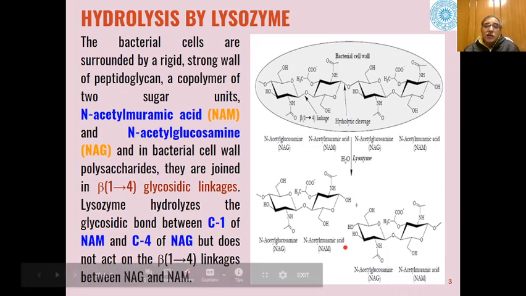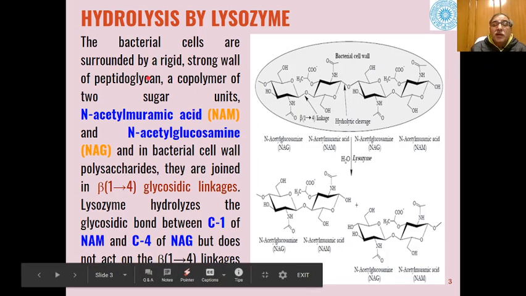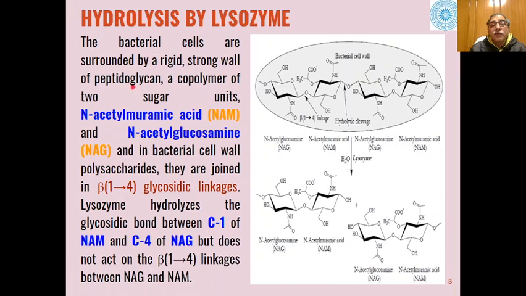Now, bacterial cells are surrounded by rigid, strong walls of peptidoglycan. Peptidoglycan is a copolymer of two sugar units. One is N-acetyl muramic acid, which is called NAM, and the other is N-acetyl glucosamine, which is NAG.